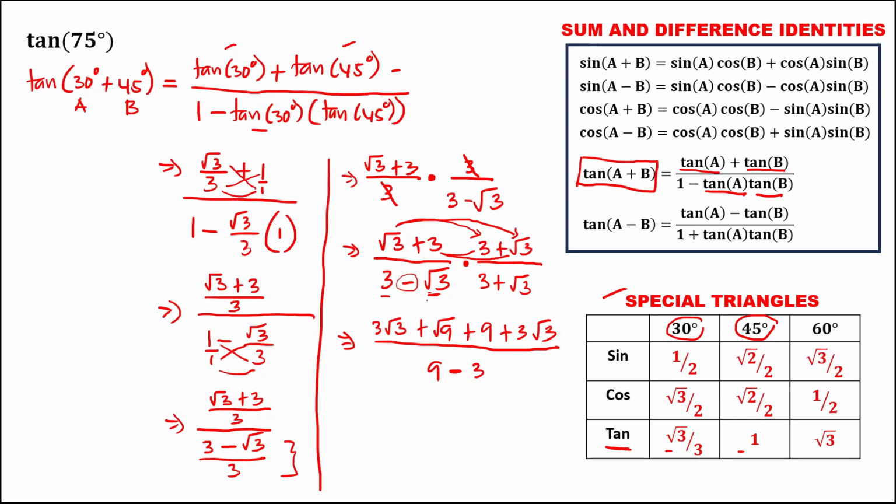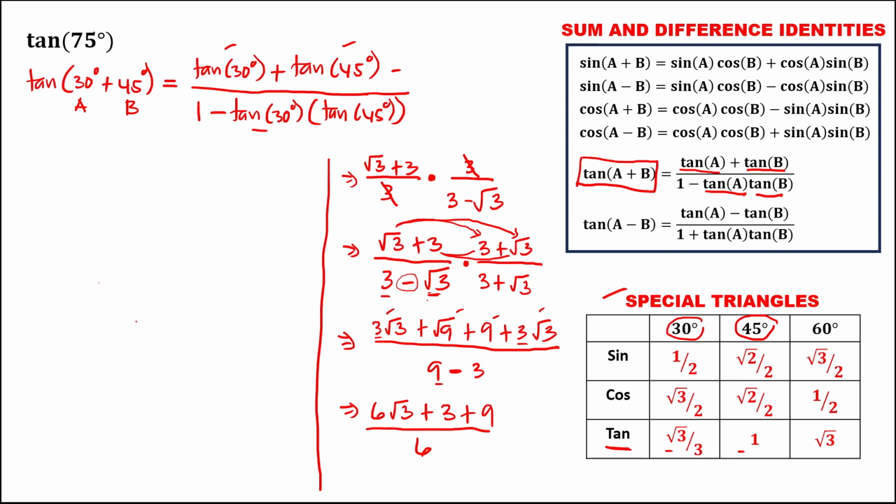So this becomes 3. Then combine like terms, so this 3 square root of 3 plus 3 square root of 3, just add these numbers outside. So this is 6 square root of 3, plus square root of 9, that's 3, plus 9, then over 9 minus 3, that's 6.